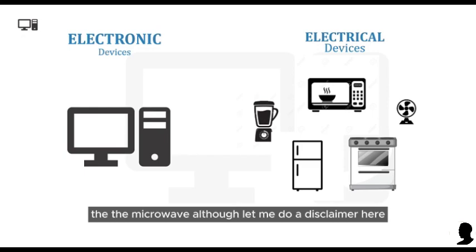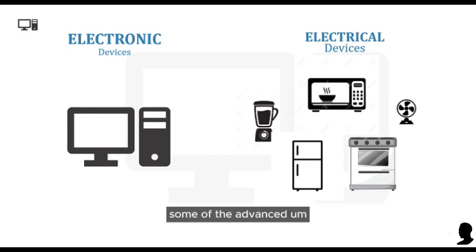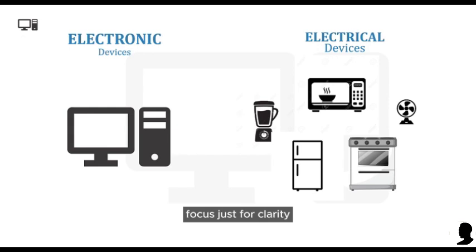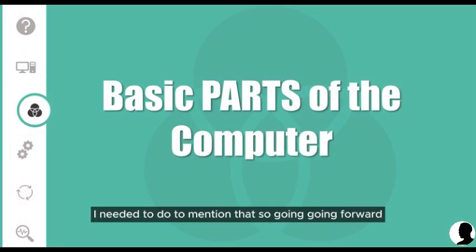Although, let me do a disclaimer here, some of the advanced types of these items can now have network interface cards which can communicate to some other parts, because most of them are now becoming digital. So basically, for the focus of this video, like I said, the one to the left of my screen should be our focus. Just for clarity, I needed to mention that.